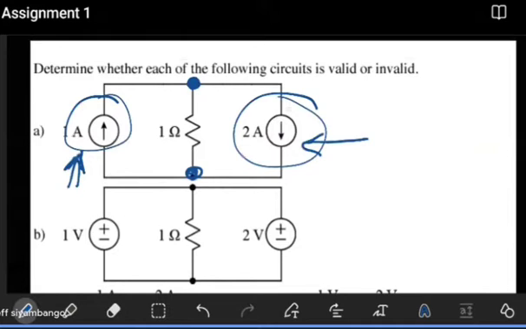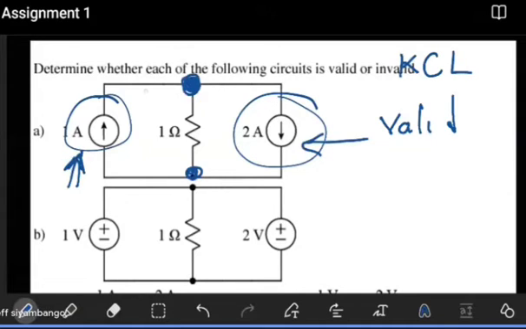So for this circuit, we conclude that it is actually valid, even though we have different current values there. They won't break any of our known concepts. All we expect to see here is for it to also satisfy Kirchhoff's current law: the current entering a junction has to be equal to the current leaving.